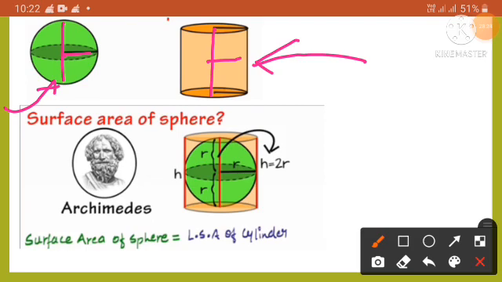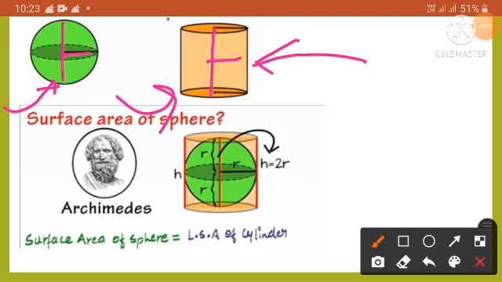Many years ago, Archimedes, the great mathematician, already proved that if the height and radius of both of the figures are the same, then we can easily enclose this figure inside the cylinder. So if we enclose the sphere in the cylinder, what will happen?